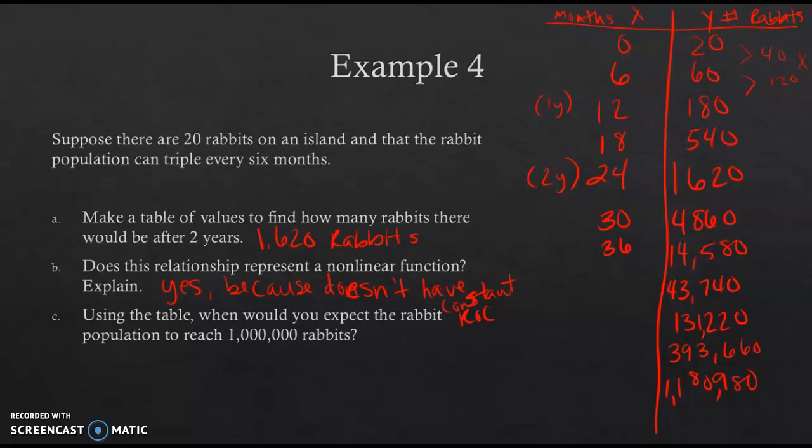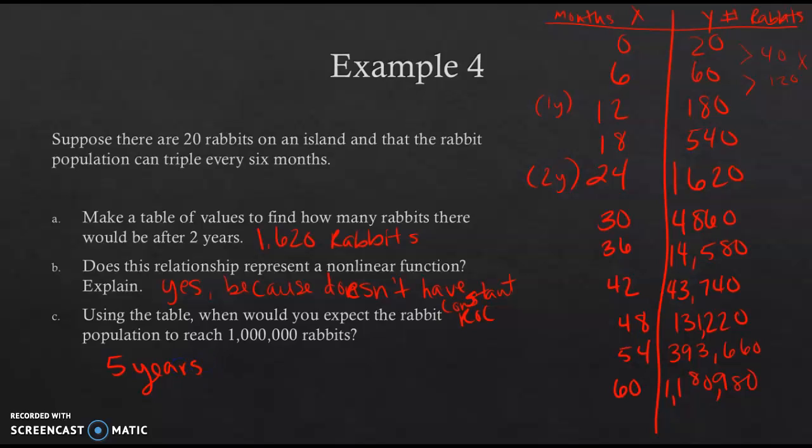So another 6 months gets us to 42 months, plus another 6 months and we are at 48 months, plus another 6 and we are at 54, plus another 6, and it takes 60 months, which is 5 years.